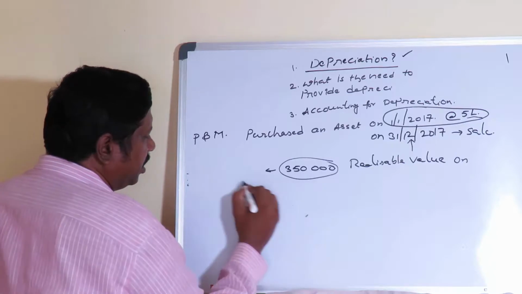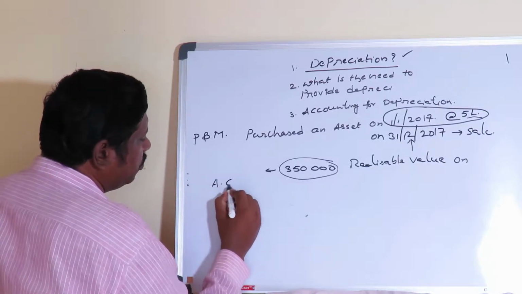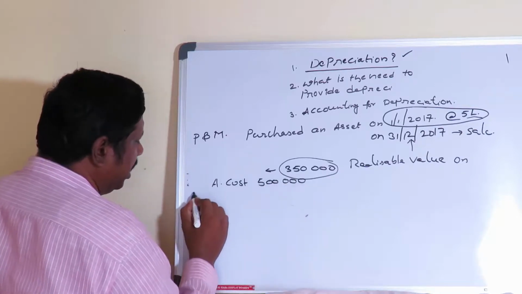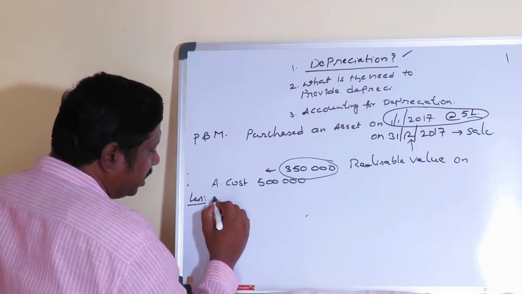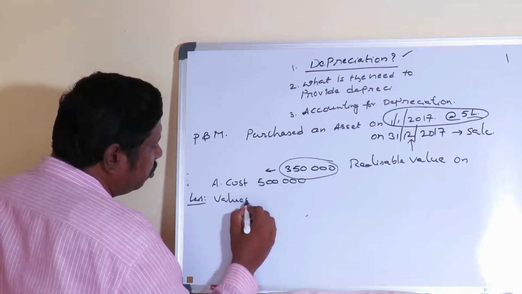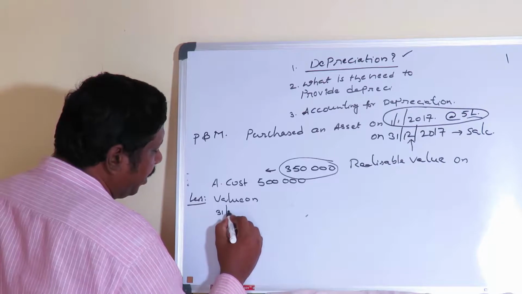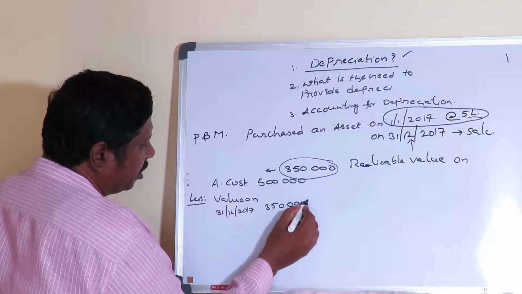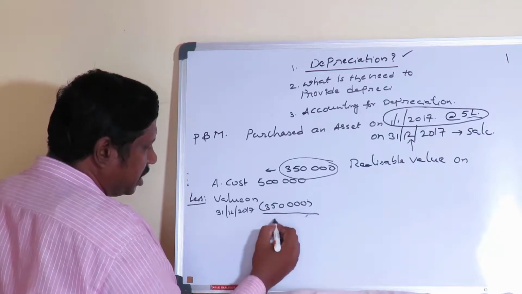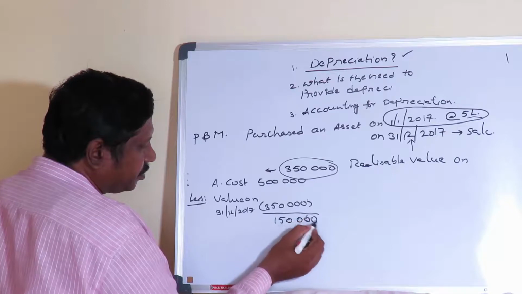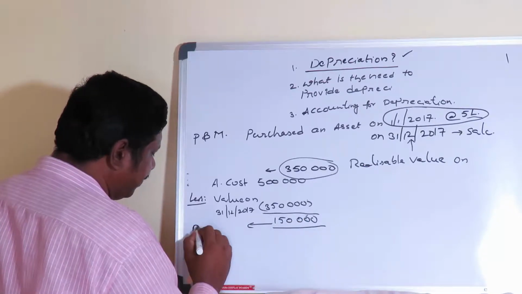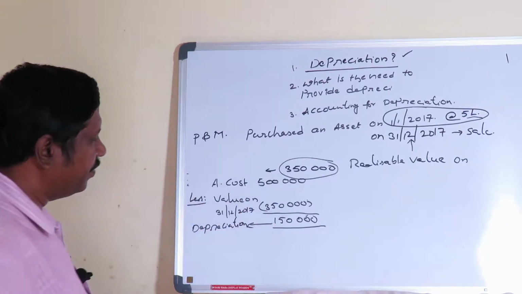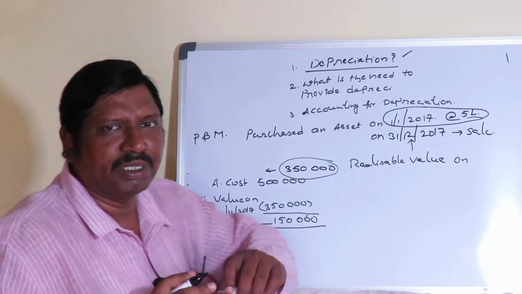The difference between the actual cost that you incurred, 5 lakhs, less the realizable value on 31st December 2017, that is 3,50,000 rupees, the 1,50,000, is nothing but depreciation.